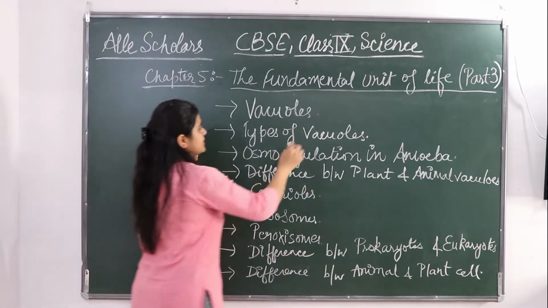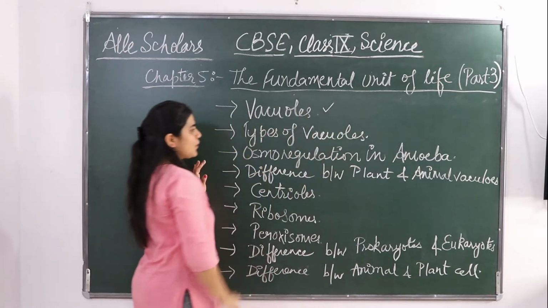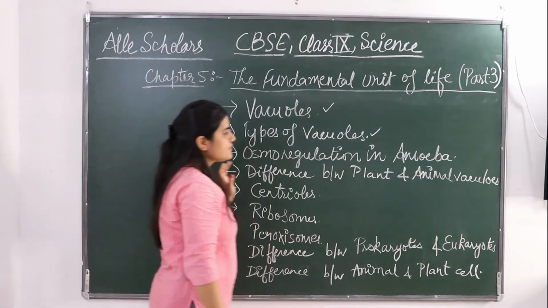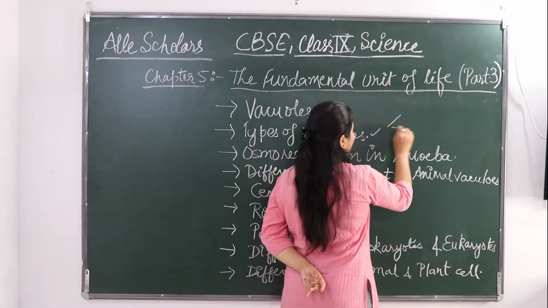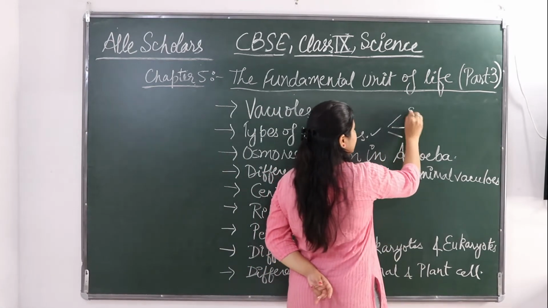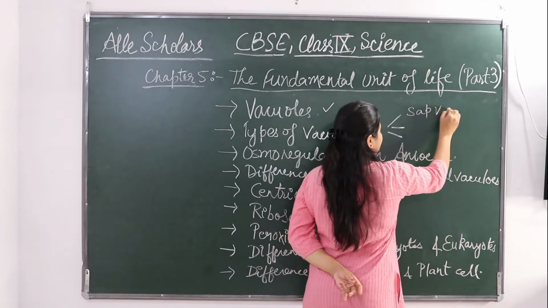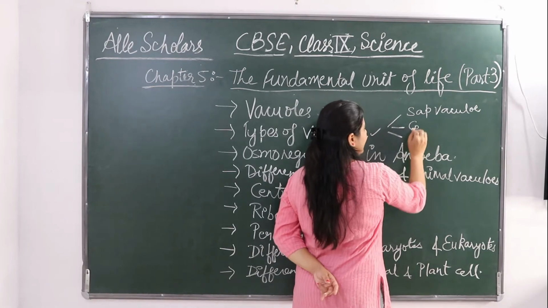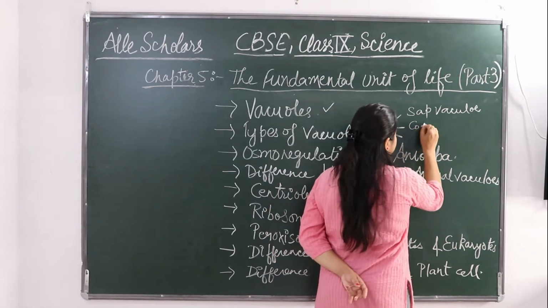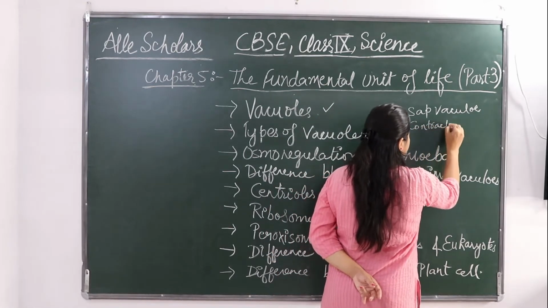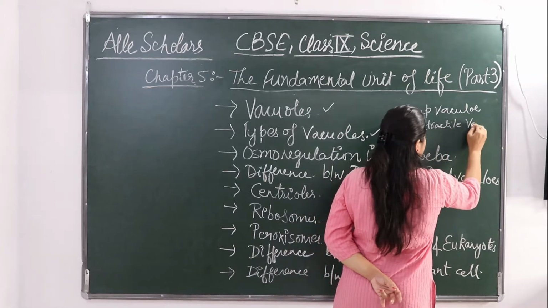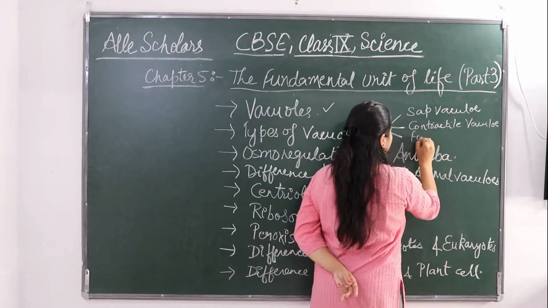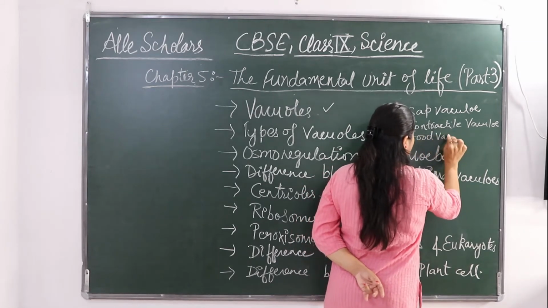So today I will be discussing vacuoles, the types of vacuoles. We shall be discussing all three types of vacuole: the sap vacuole, the contractile vacuole, and also the food vacuole.